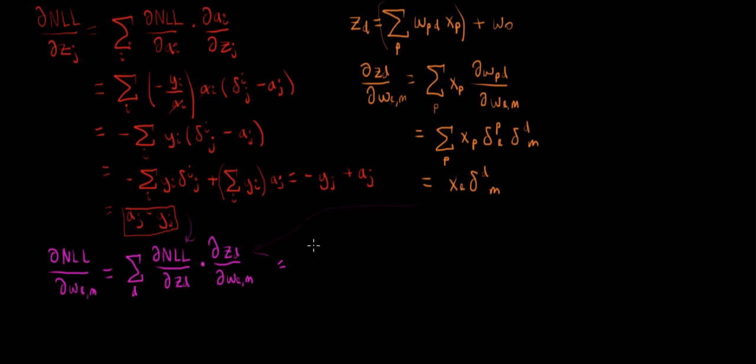Okay, so what does this become? This is equal to sum over D, and then this derivative is just going to be AD minus ZD. Sorry, I messed up. It's going to be AD minus YD. And then this derivative is going to be XL times delta dm.